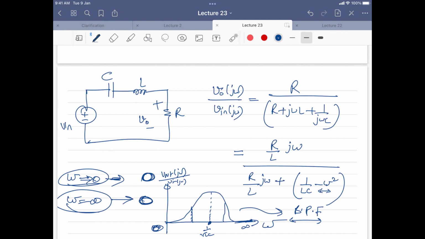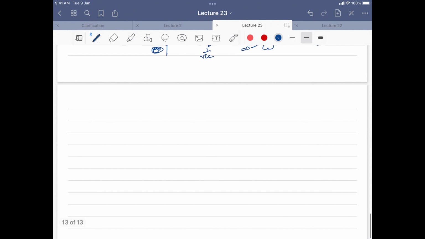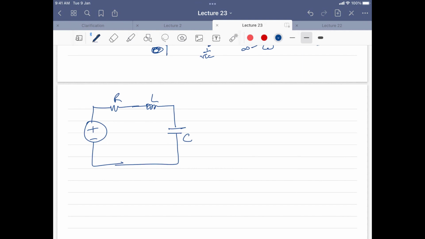Okay. So this is the band pass filter, and if you want to do another one, the band reject filter, it will be like this. You have R, then you have L here, and then you have C this side. So in this way you have the band reject filter, but right now the voltage that we will take is not at the end, it is the voltage here, this side.